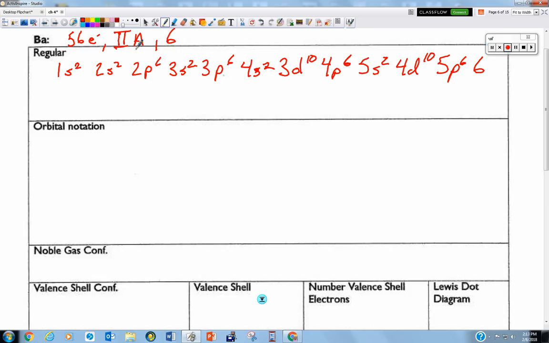Barium's in column 2A, so it is only going to have 6s2. All right. Now that's regular. What changes for expected?